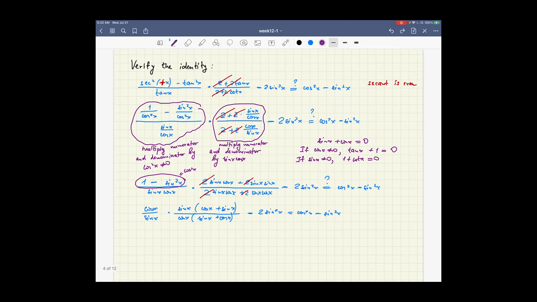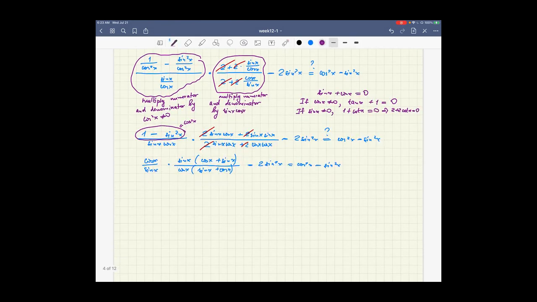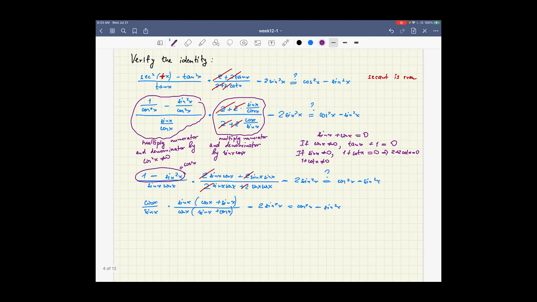That is not possible because that implies that 2 plus 2 cotangent x is 0. And that is in the denominator. So we must have that 1 plus cotangent x is not 0, because it is in the denominator. But that is 1 plus cosine over sine is not 0. So in particular, sine x is not 0.